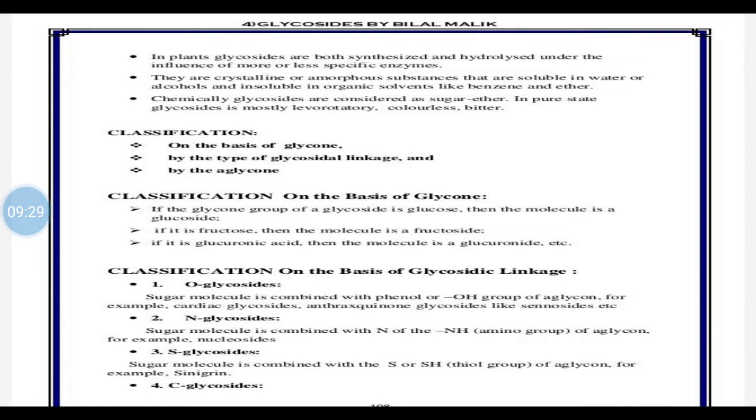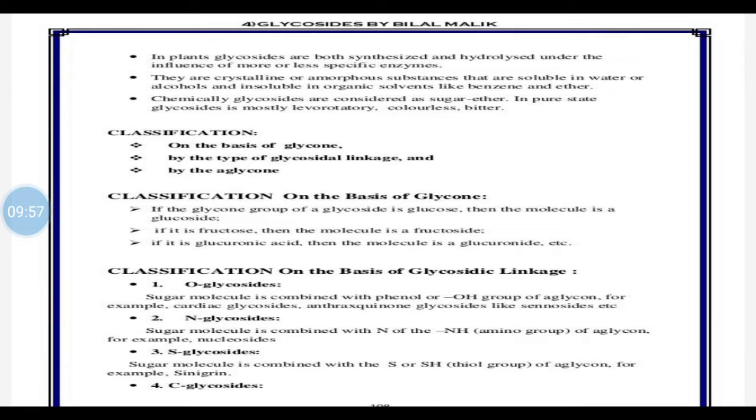Classification, one of the classifications we have seen is based on glycosidic linkage, and that is given in this slide also. Then one classification is based on glycon moiety, so this is just repetition in this slide.